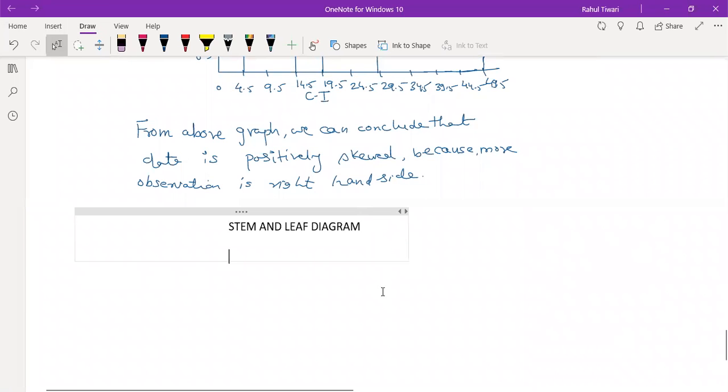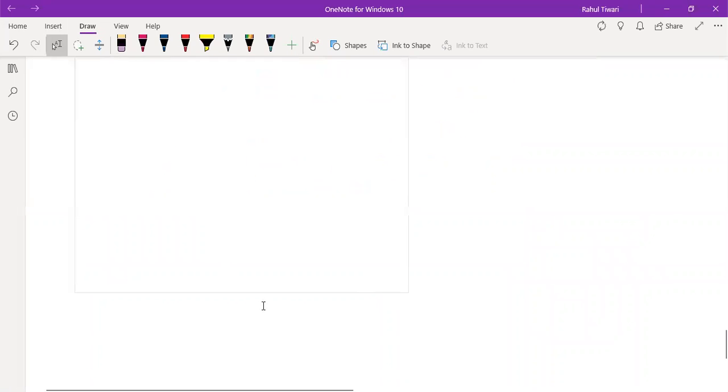I'll leave some space for the theory. Later on we will write the theory of that. So we need to solve the first problem, how this particular problem works here. So let's take example number one.